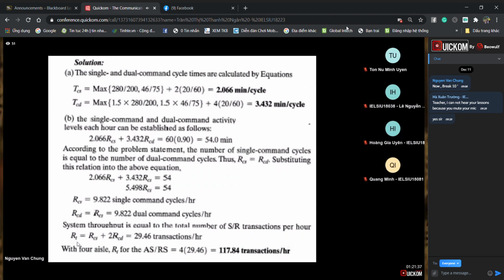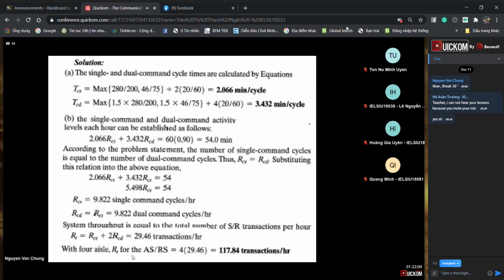So you have RT equals this here, and then you insert RCS and RCD. So like that, this is the same. You find the total number of transactions per hour.